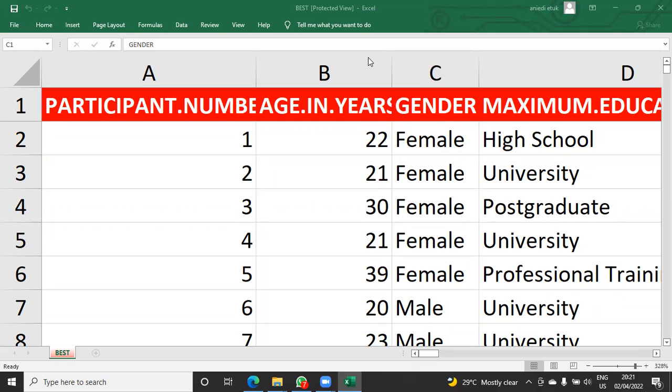You can only group them differently, but one is not higher than the other. So what kind of data type is gender in this case?